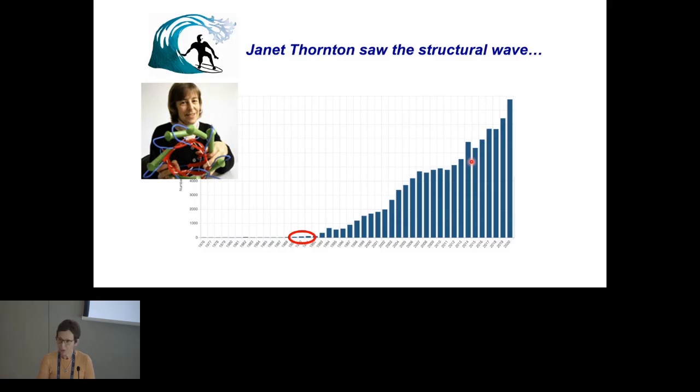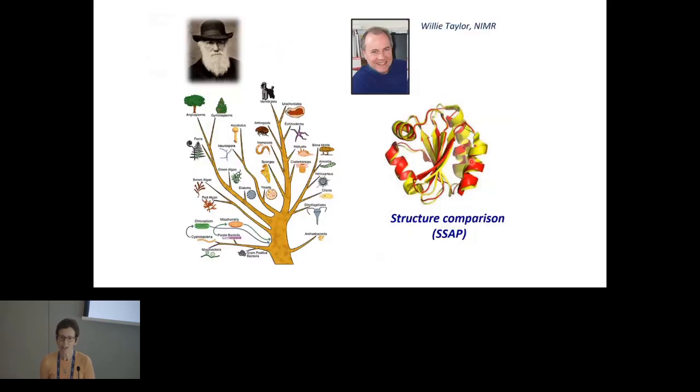So Janet foresaw that this crystallographic data was really going to expand. At the time, I was working with a brilliant scientist, Willie Taylor, at Mill Hill, who was interested in developing algorithms to superimpose protein structures to see how related they were. So I worked on this algorithm with him, and this is obviously a perfect tool to look for evolutionary relationships between them.